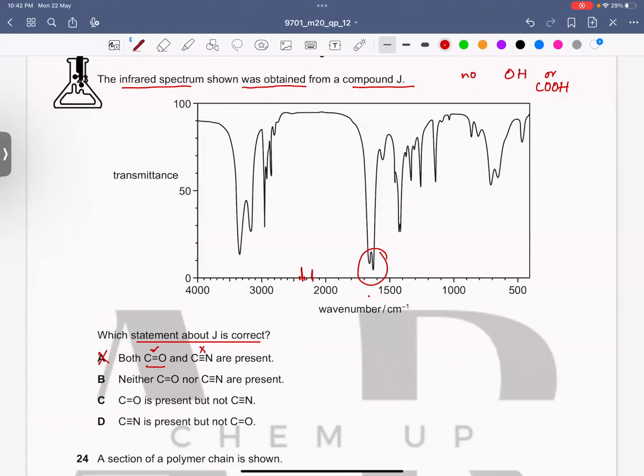So A goes wrong. B is wrong because it is saying that C=O is not there. C triple bond N is not there, that's fine. So C says C double bond O is present, but not C triple bond N. Yes, this is correct. And option D is wrong. So in this case, our correct answer is C. Is this clear to everyone? Yes.